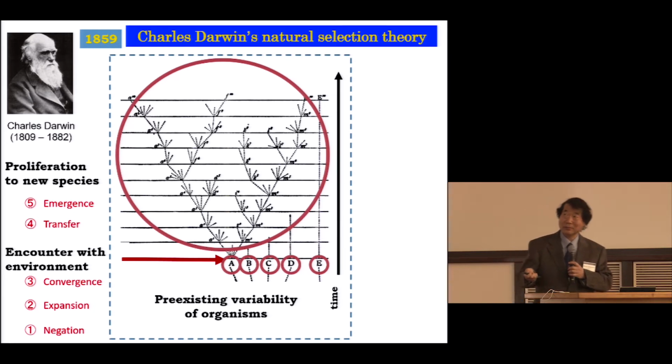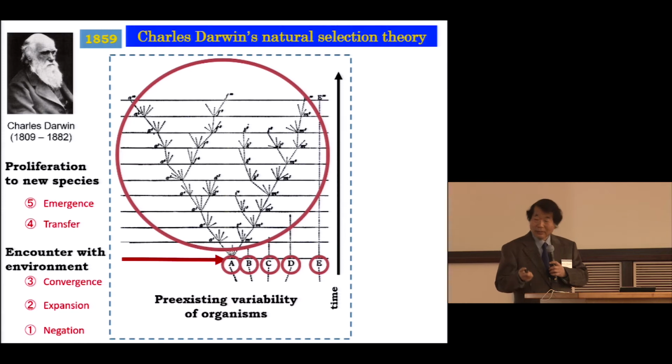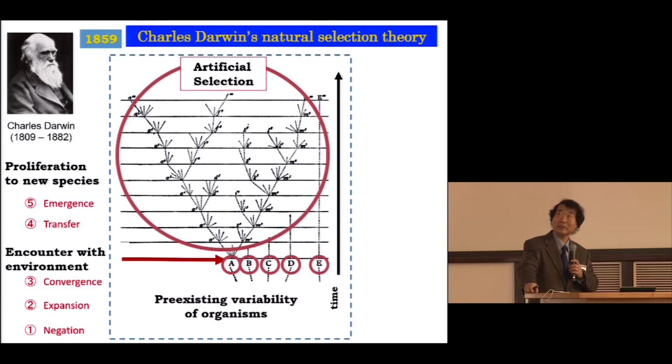There is no transfer in this diagram. This is important. But Darwin originally considered this kind of diagram at the level of artificial things. I mean, he was observing cultivated plants or domestic animals.